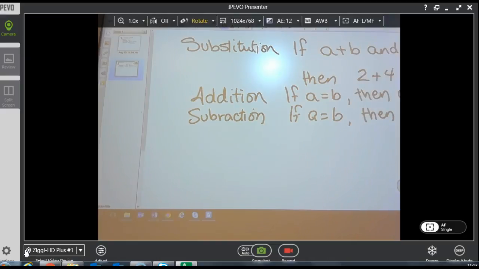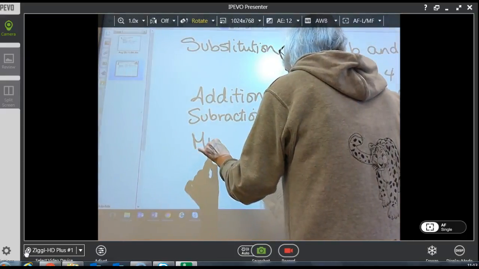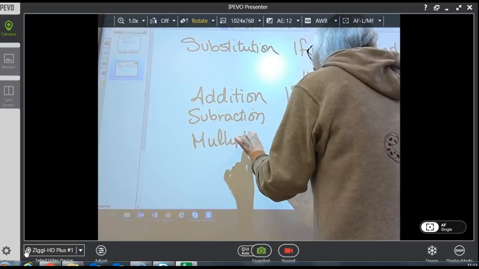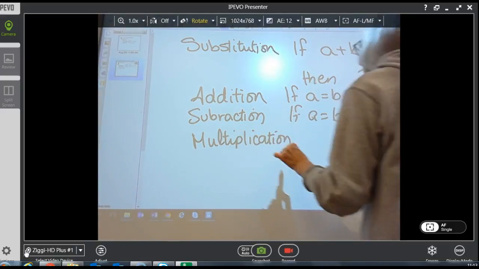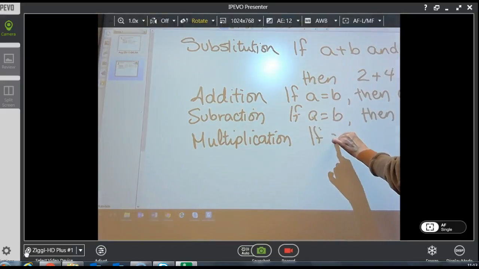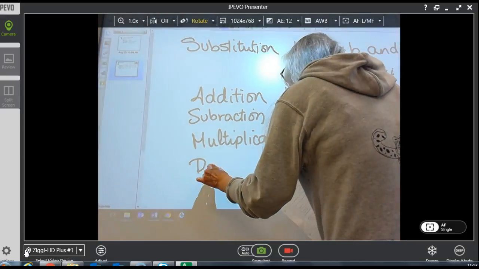And same with multiplication. Whatever you do to one side of the equation, you have to do to the other. So then if we're multiplying by C, we get A times C equals B times C. Addition, subtraction, multiplication, division.